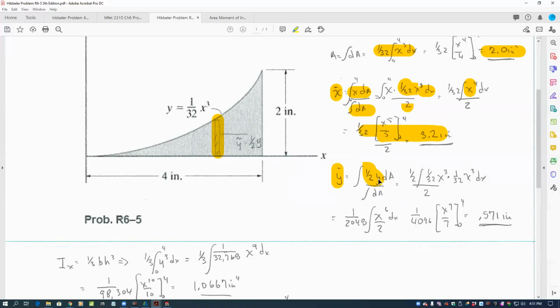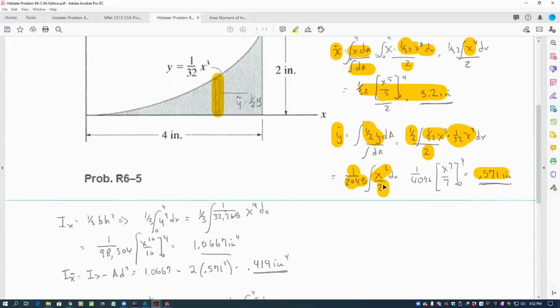So we say 1/2 of y dA, move 1/2 out, and y is again 1/32 x cubed. And then dA again is y dx, and convert y in terms of x. So we have 32 times 32 times 2 becomes 1/2048. And x cubed times x cubed becomes x to the 6th all over 2. Integrating that becomes 0.571.